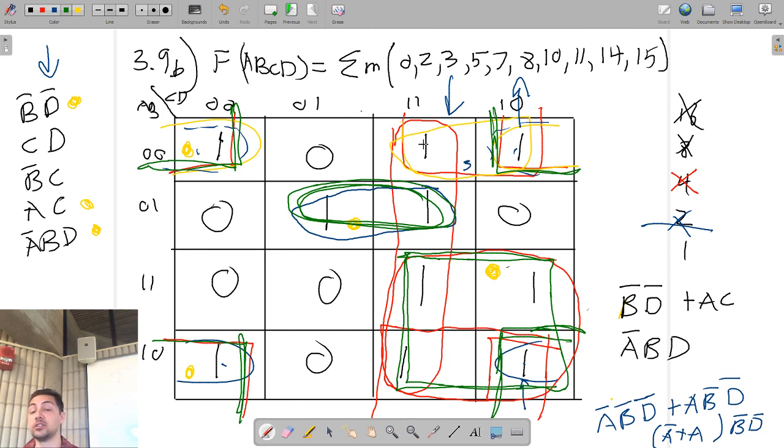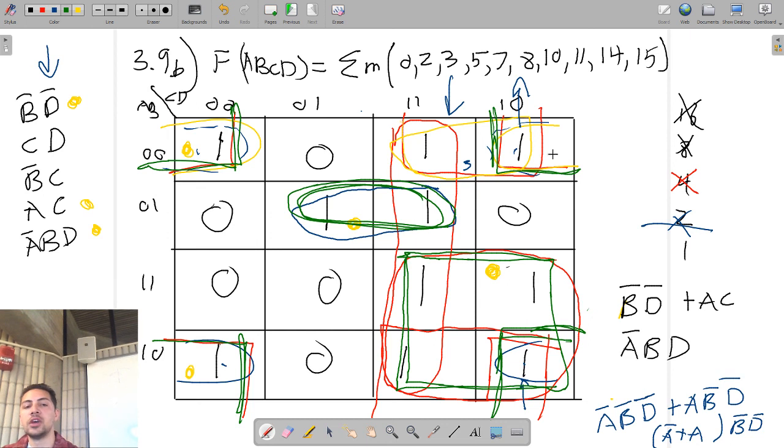To simplify, you need to circle all the ones. But before you circle anything that isn't essential, you have to circle all the essential prime implicants. So the first step is find the essential prime implicants. Okay? And then, yes, you are correct. This cell hasn't been circled. So you need to choose. Do you choose the vertical guy, which would be CD?